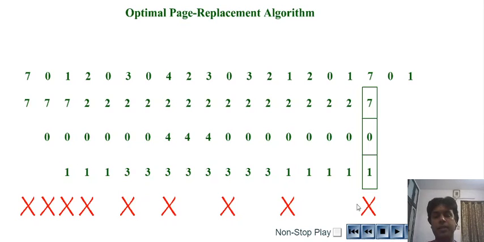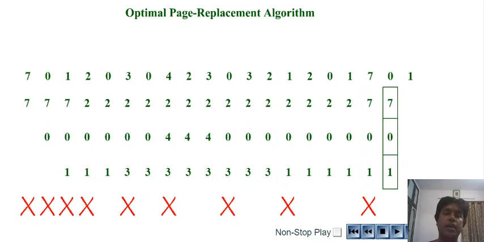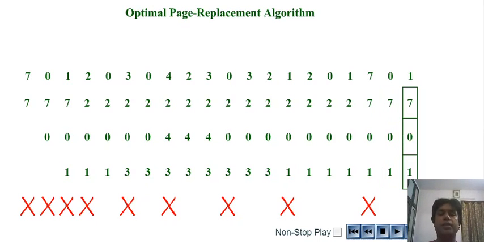Okay, and there is a page fault because we couldn't find 7 existing in one of the frames of my memory. After this, since 0 is already existing in one of the frames, that's a clear indication of a page hit. Again, the next demand is for 1. 1 is already there in one of the frames of my memory, so again it is a page hit.